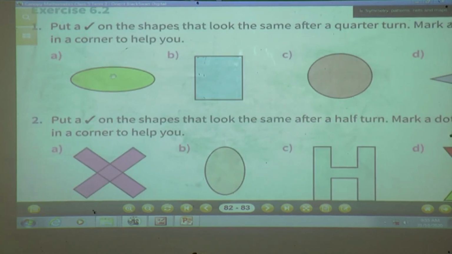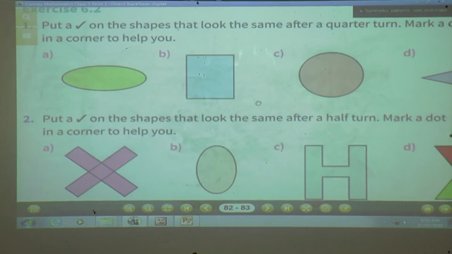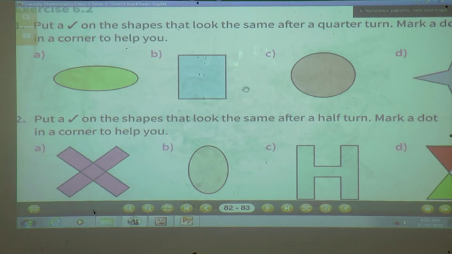Put a tick on the shapes that look the same after a quarter turn. Mark a dot in a corner to help you. If you do not understand how to do a quarter turn, you can put a red dot also. So students, see, first one, what we have to do now: put a tick on the shapes that look the same after a quarter turn.